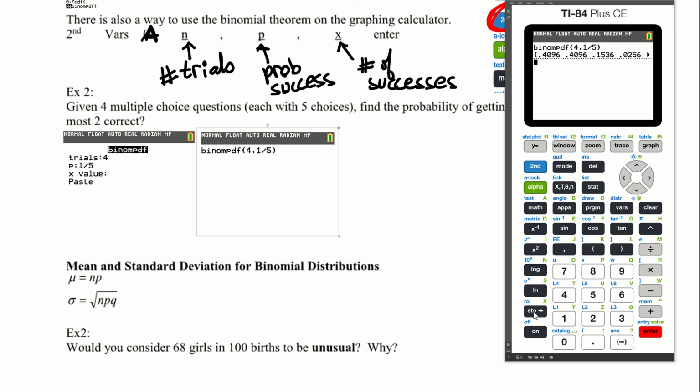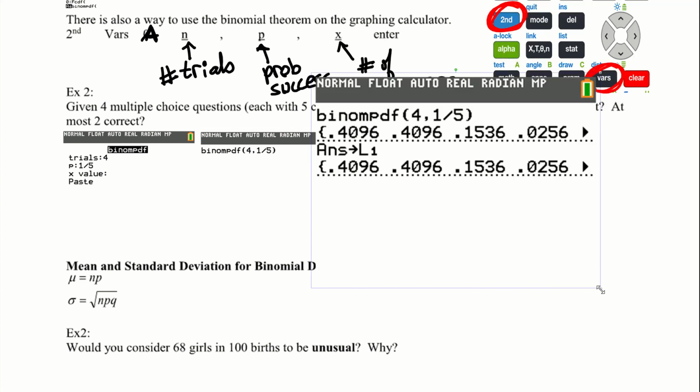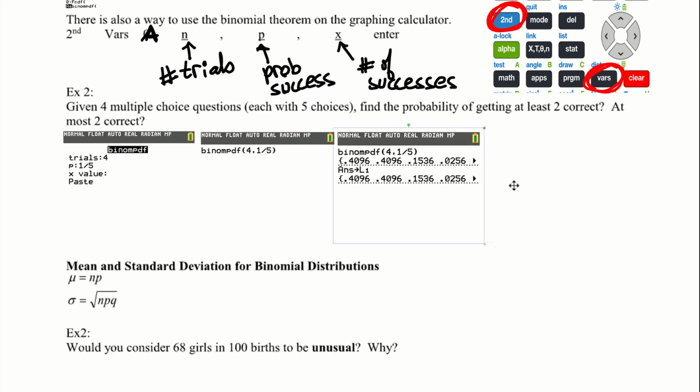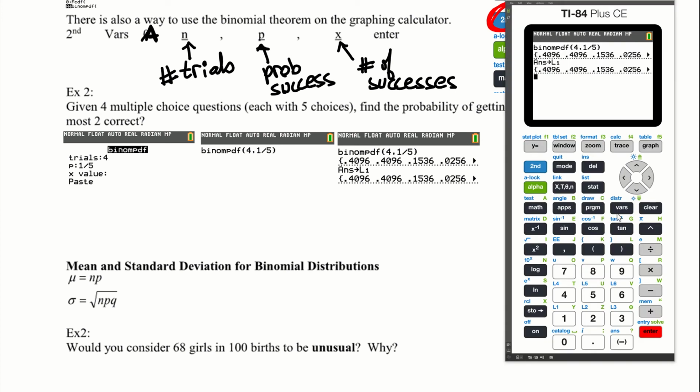All right, so we're going to store this into L1 and hit enter. Again, it seems to repeat the process of giving these values, but behind the scenes it's writing these values into L1. Then I hit stat, edit to access those numbers.